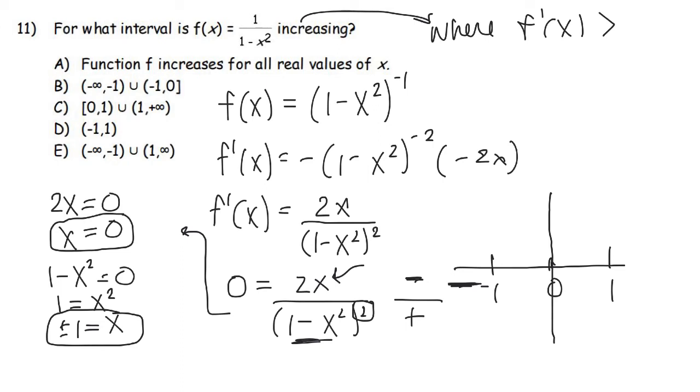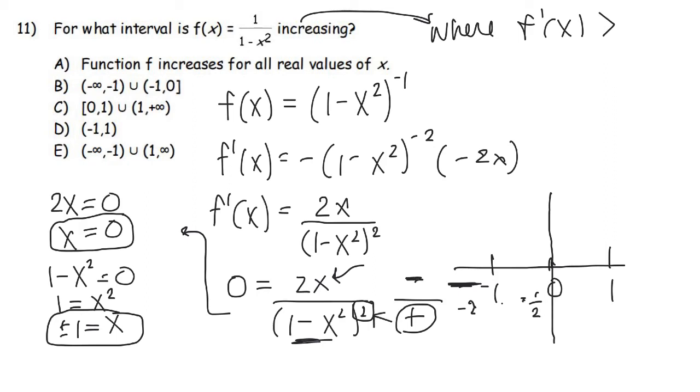Well, what about between negative 1 and 0? Over here I picked negative 2. Over here, let's pick negative 1/2. And again, I know the denominator, no matter what, is going to be positive because it's squared.